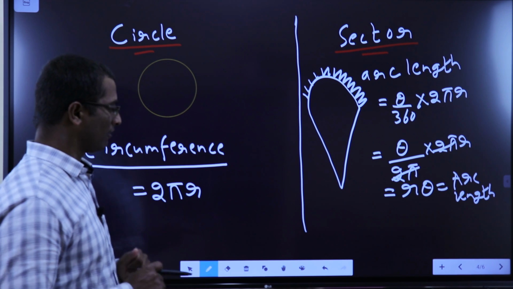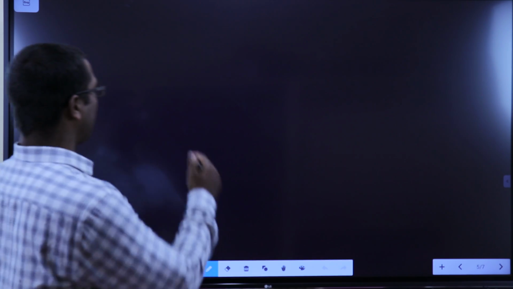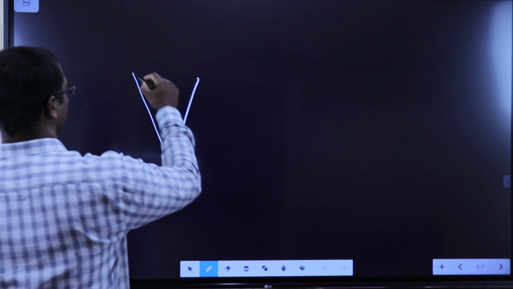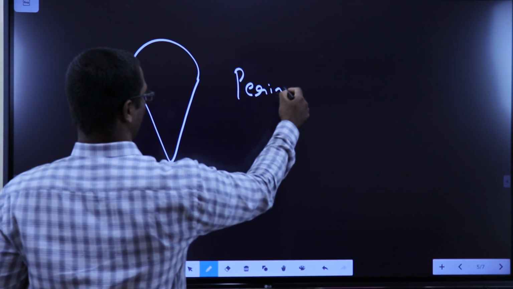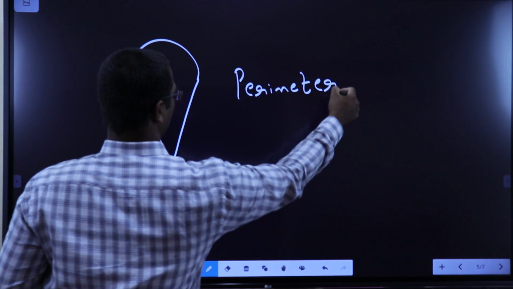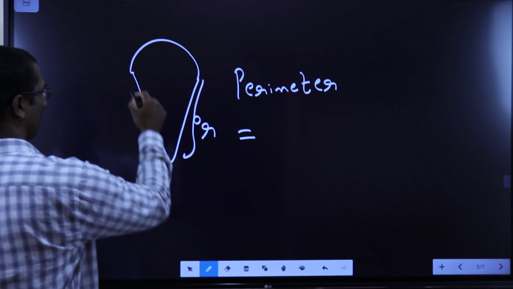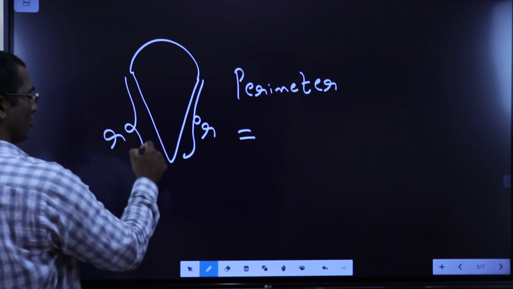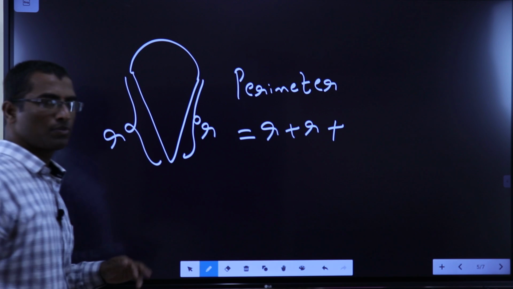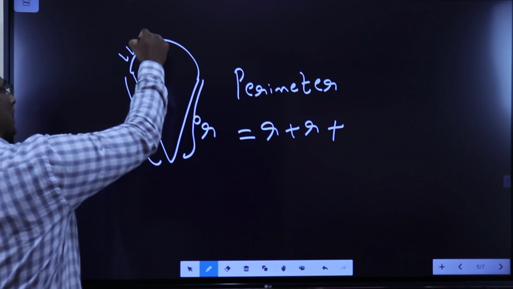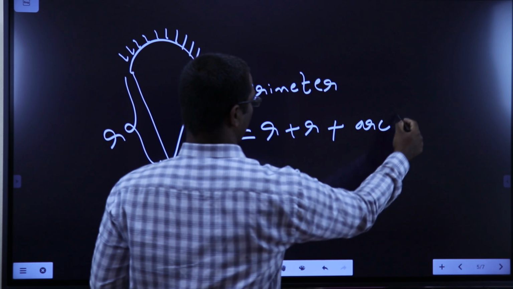Okay. And one more thing. If I want to calculate the perimeter of a sector, perimeter means all the boundary of it. So I need to add r plus r, and I need to add the arc length.